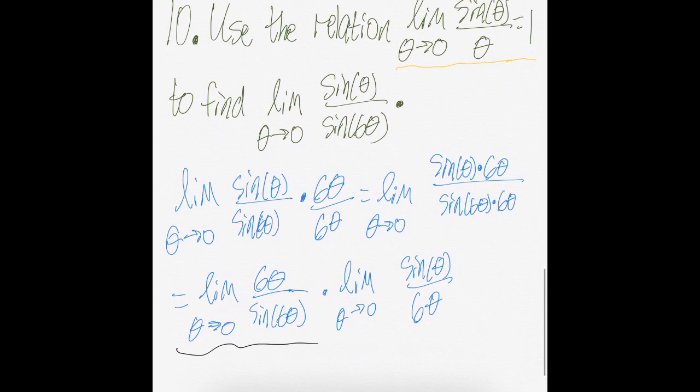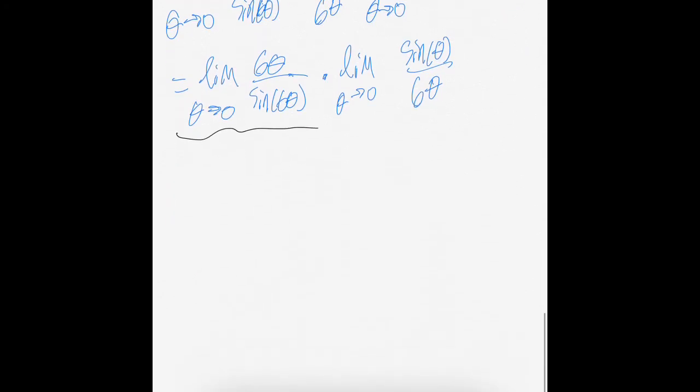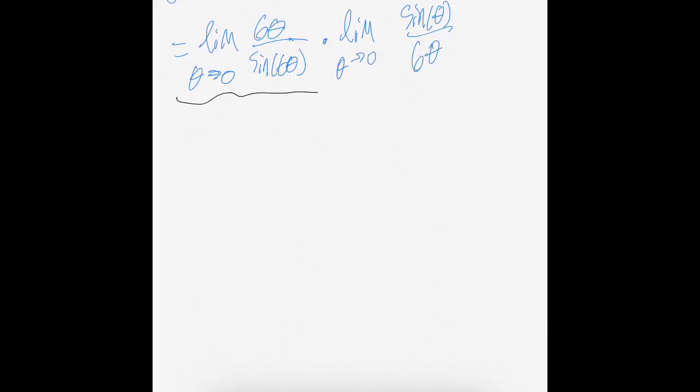Well, this very much looks like our identity. We've got the 6 theta and the sine of 6 theta. The problem is that they're flipped, right? In this identity at the top, we have the sine on top. But here is what I notice.